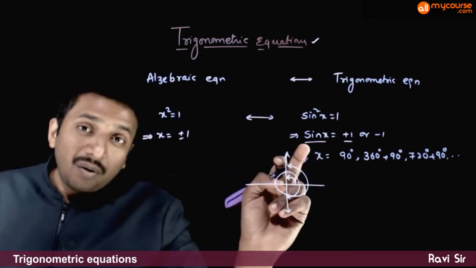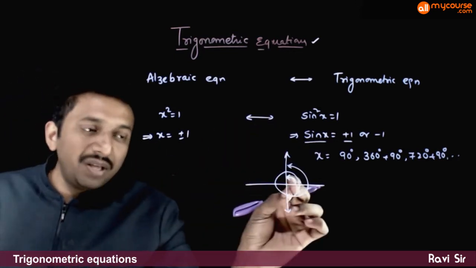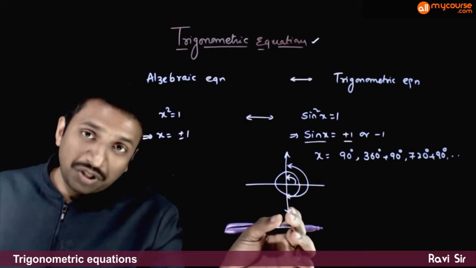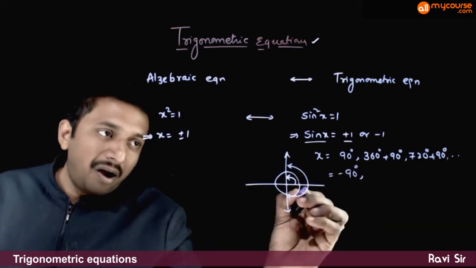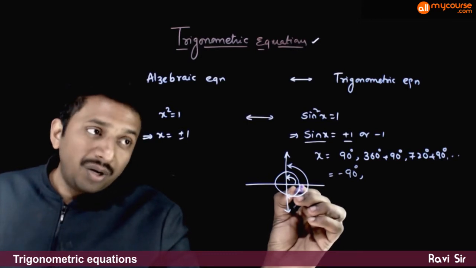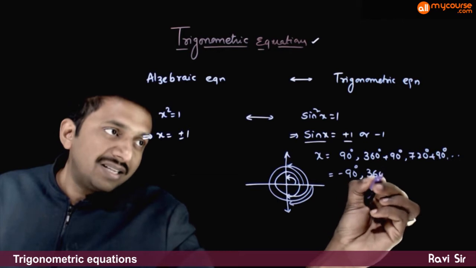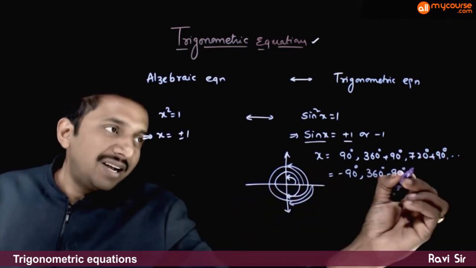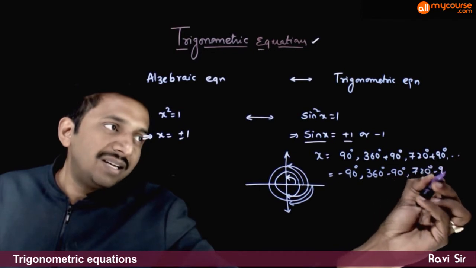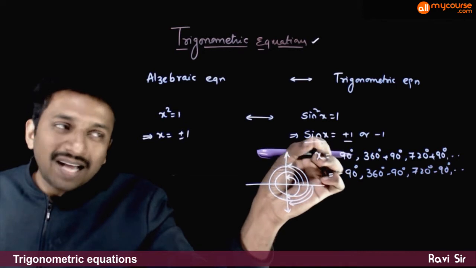Now, for what values of x will sin x be equal to minus 1? Sin x will be equal to minus 1 for this position, right? So x can be equal to minus 90 degrees, or 1 rotation and then minus 90 degrees, that is 360 degrees minus 90 degrees, 2 rotations minus 90 degrees, 720 degrees minus 90 degrees, and so on. So these are the values of x which are possible.